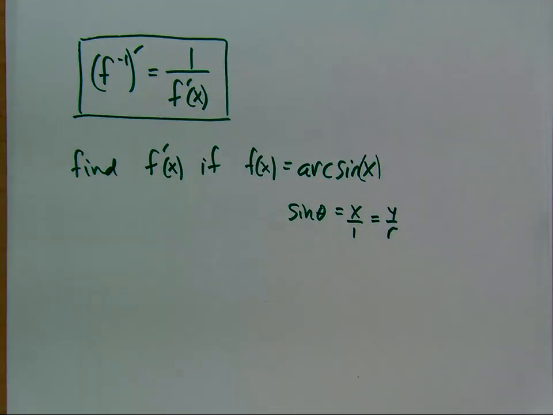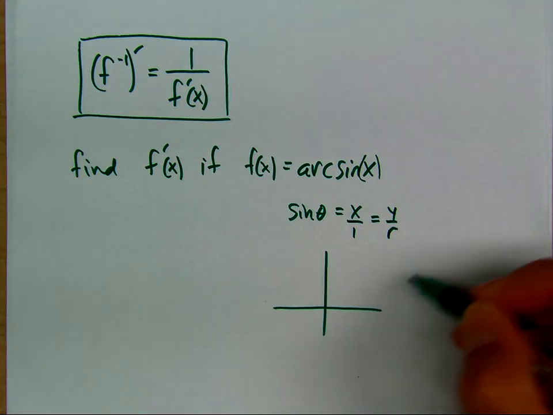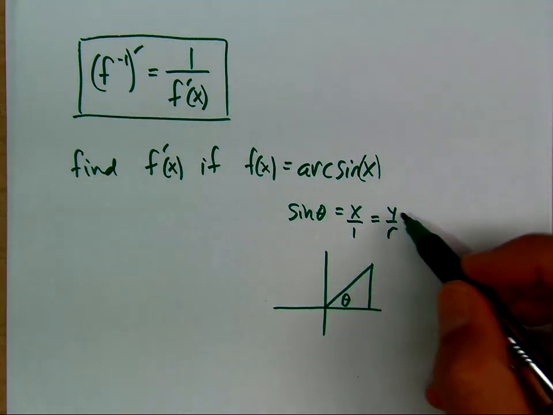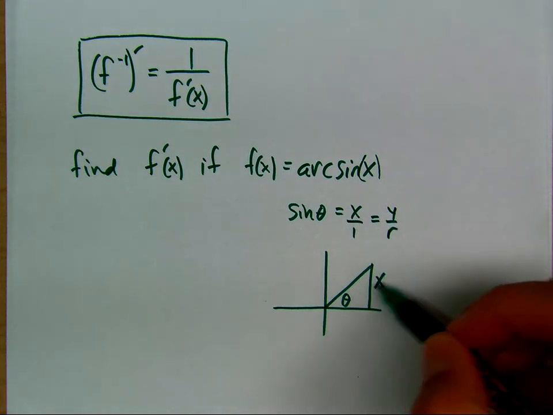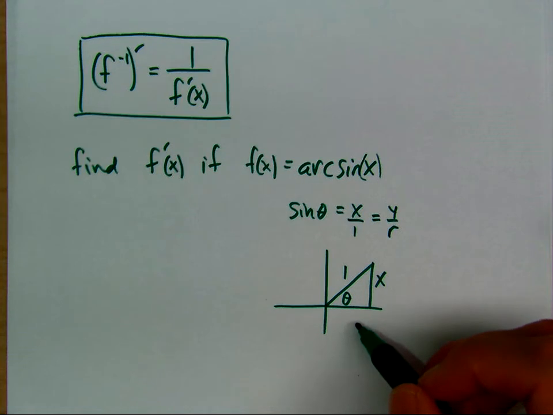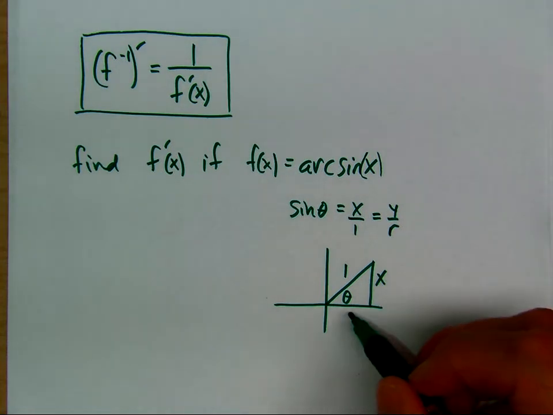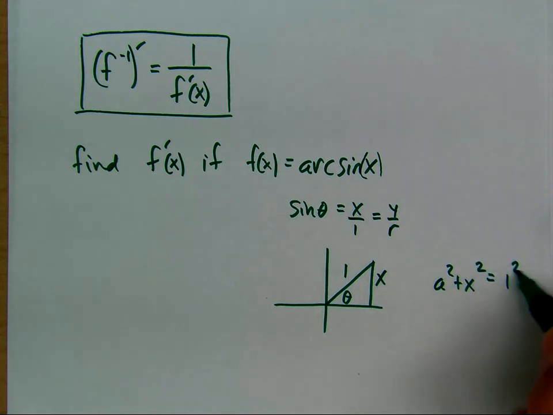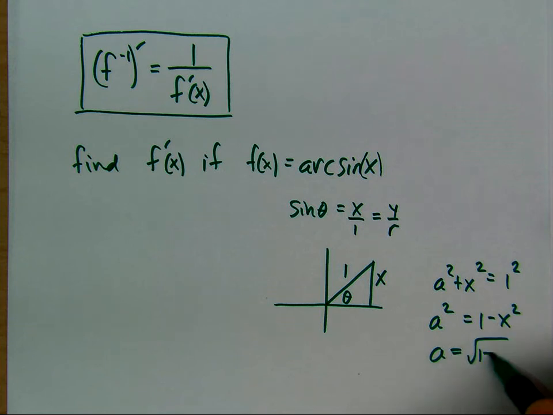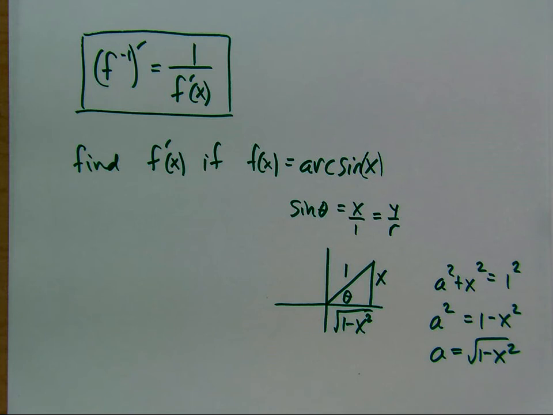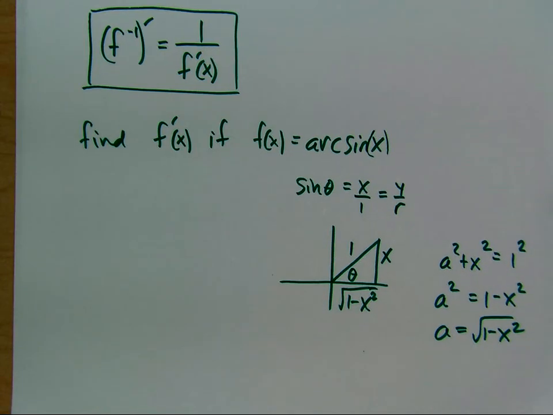So we could represent theta as having a y value of x and a radius of 1, and then we can use the Pythagorean theorem to find this. So we have a squared plus x squared equals 1 squared. So a squared is 1 minus x squared, and a is the square root of 1 minus x squared.